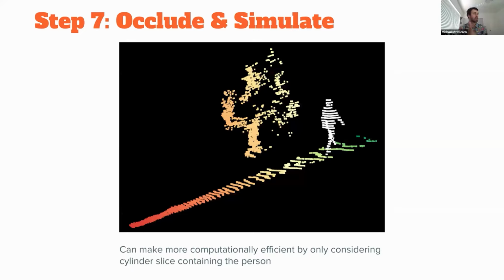So the trick here is to divide up the scene into these cylindrical slices, and then only do the beam simulation for each of those slices. Of course, if the object is far away, you can focus on one particular cylindrical slice, for example, and that reduces the memory footprint by a lot. It makes it manageable to do.